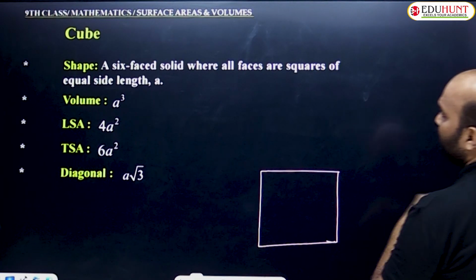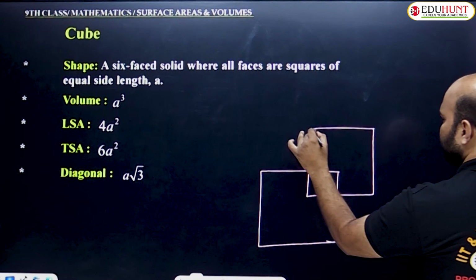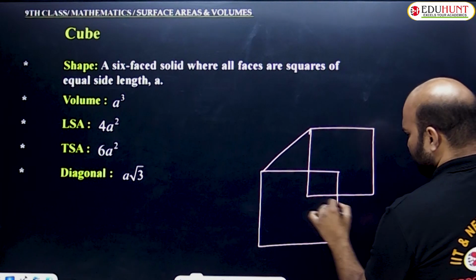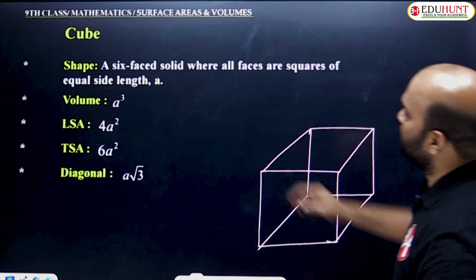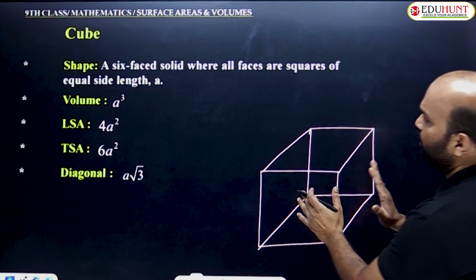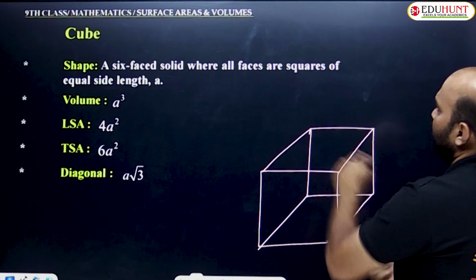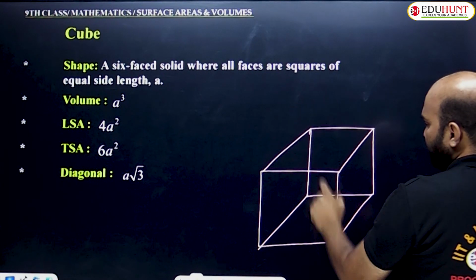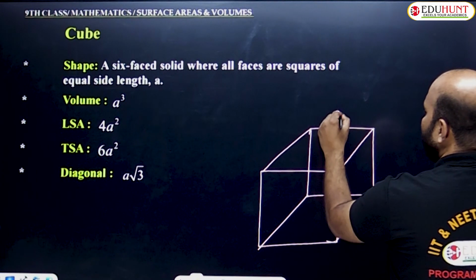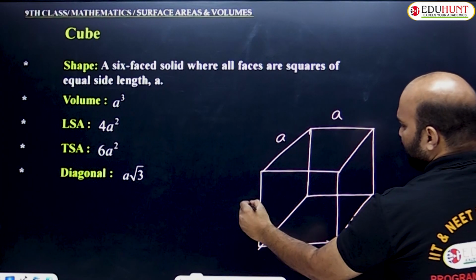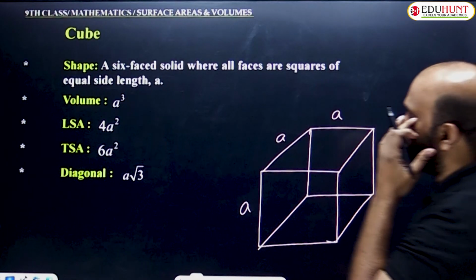A cube contains a total of 6 faces, front and back, left and right, top and bottom, and all 6 faces are squares of equal side length a. Length, breadth and height are all equal.